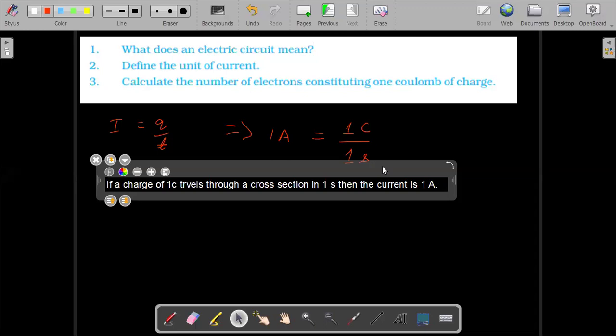Sir, 6.25 times 10 to the power 18. Yeah, it's 6.25 times 10 to the power 18 electrons.